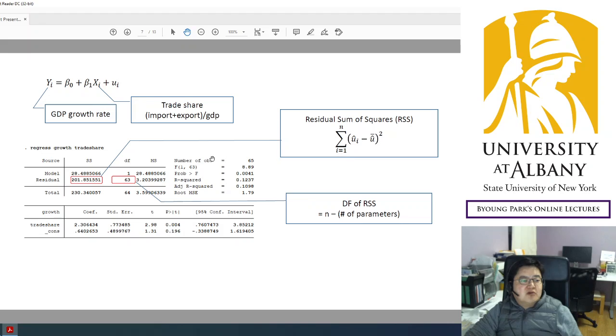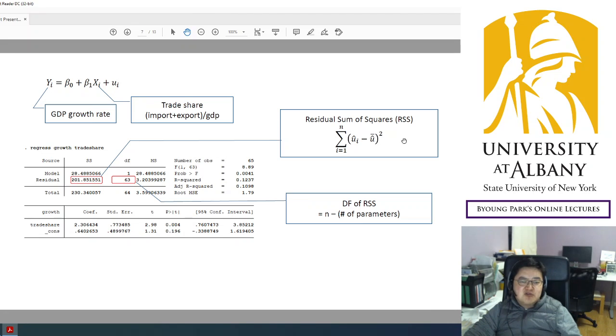So anyhow, residual sum of squares is defined in this way, which is based on the residual. U hat is the difference between your predictor and the actual value, and we see how much variation is contained in the residuals, how much the residual varies.